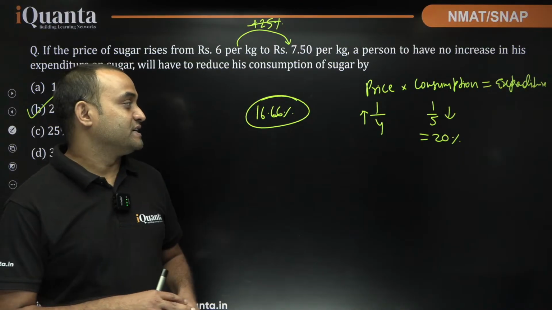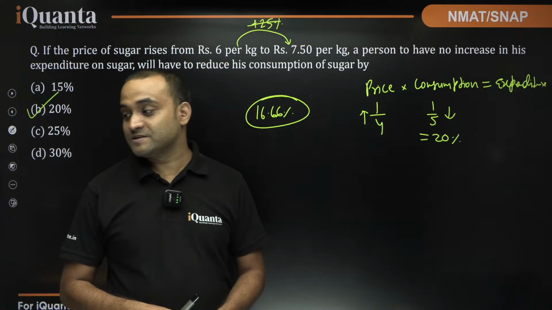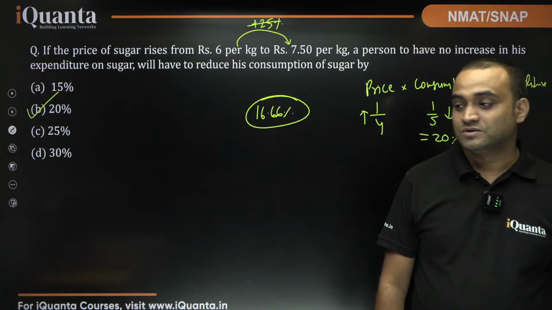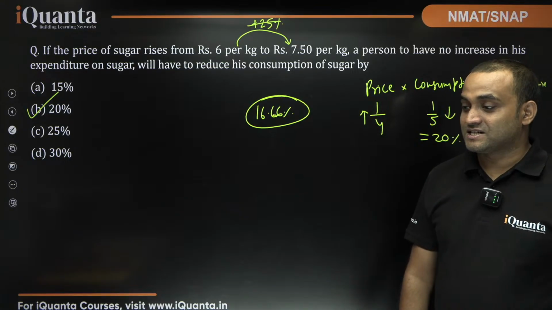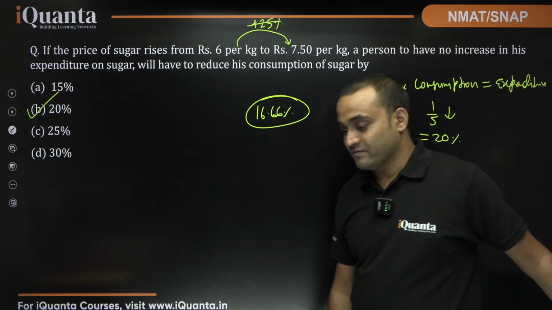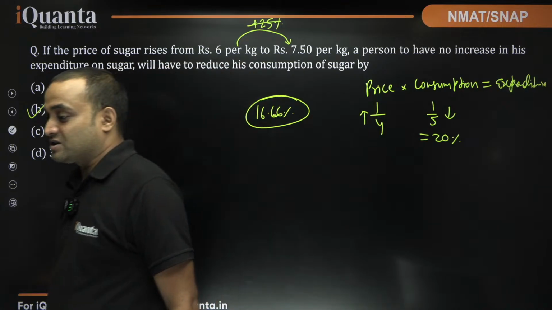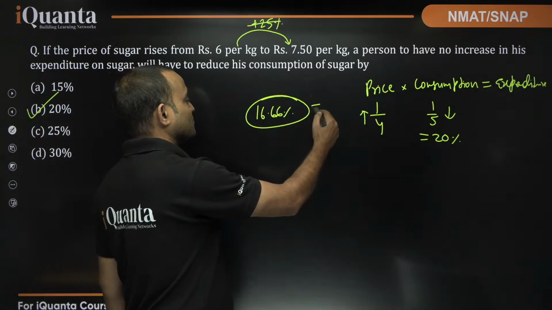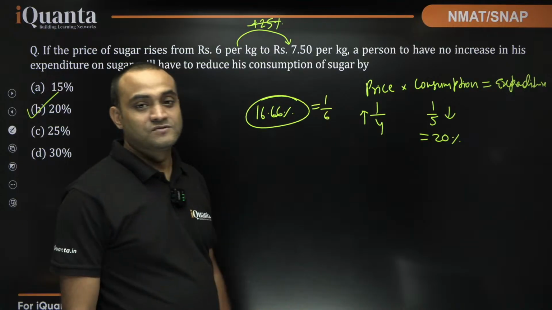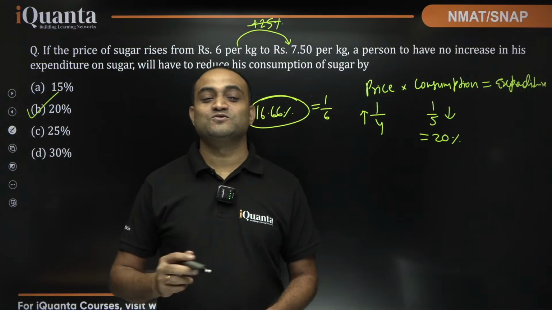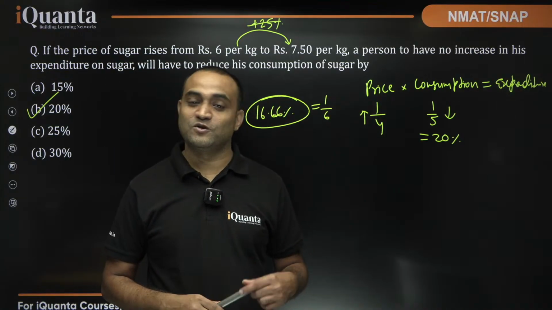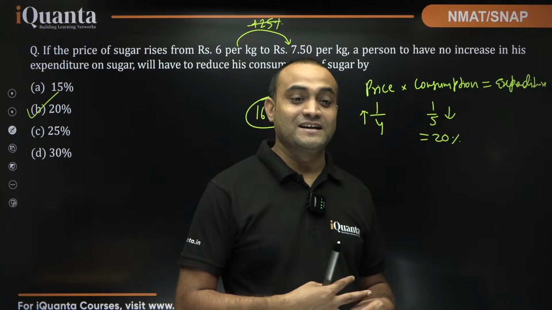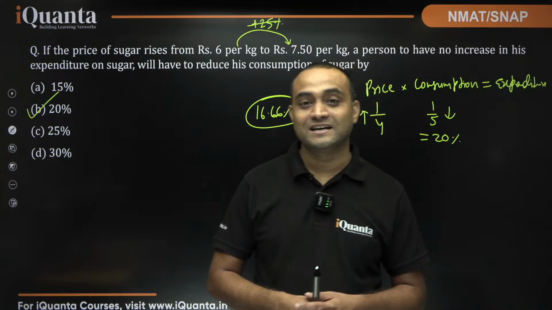If one of these, price or consumption, is increased by 16.66%, then by which value should the other be decreased so that it will remain constant, the expenditure will remain constant, है ना? This is equal to 1 by 6, x is 6, x plus 1 will be 7, so 1 by 7, 14.28%, right? और अगर डिक्रीज दिया है तो वहाँ पे कम कर देंगे, है ना?